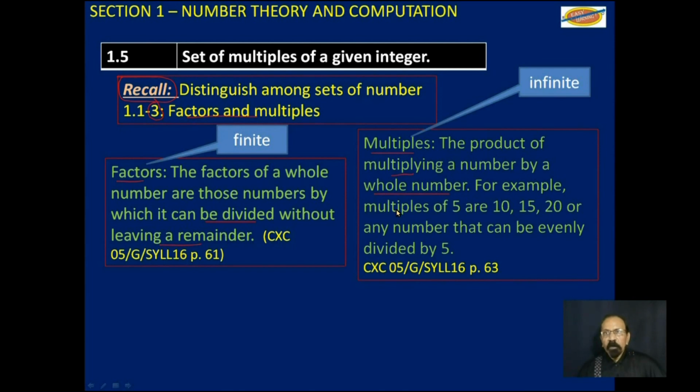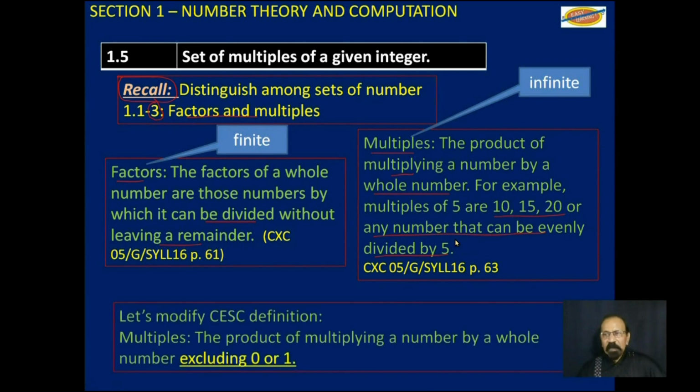For example, multiples of 5 are 10, 15, 20, or any number that can be evenly divided by 5. And we said we need to modify that definition from your syllabus and exclude 0 and 1. So a multiple is the product of multiplying a number by a whole number, excluding 0 or 1.